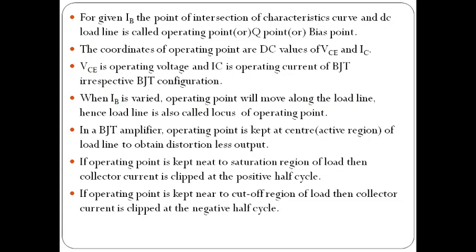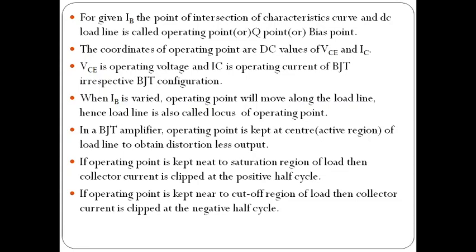So when you keep the operating point at the middle of the active region, we get distortionless output without changing the shape. Whatever sine signal is given, you get a sine signal at the output.